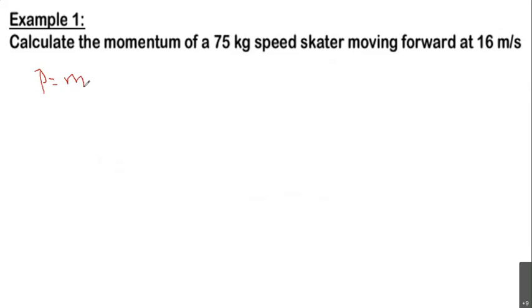Momentum is equal to mass multiplied by velocity. Then we want to go ahead and underline the quantities that we see mentioned in the problem. So momentum, denoted by the letter P, and we don't know that. We're trying to find it.